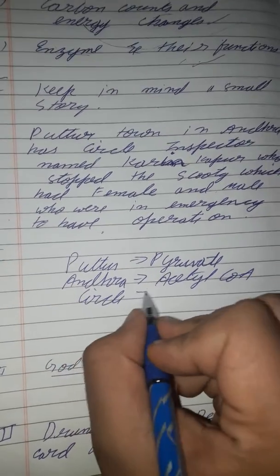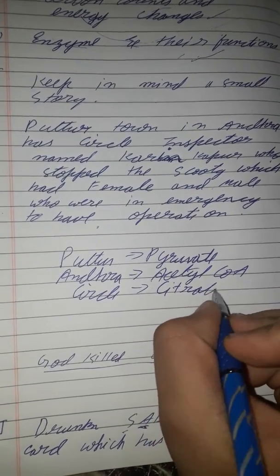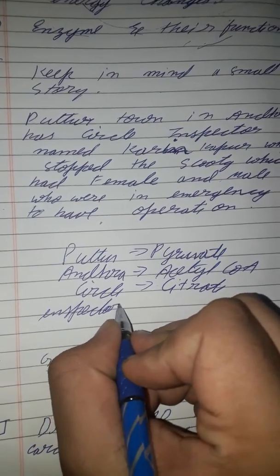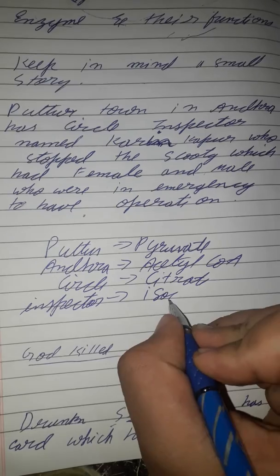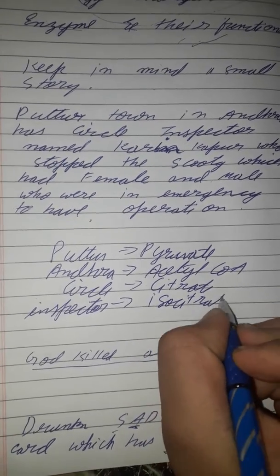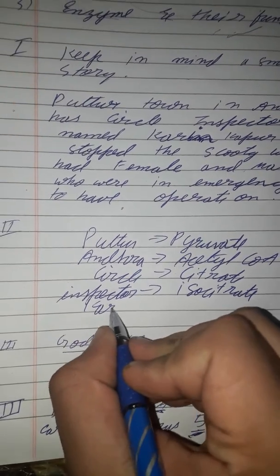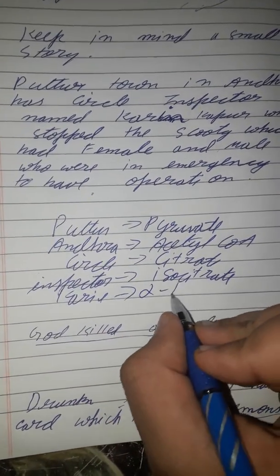The word circle helps us remember citrate. Inspector helps us remember the word isocitrate. Next, Karina Kapoor helps us remember the word alpha ketoglutarate.